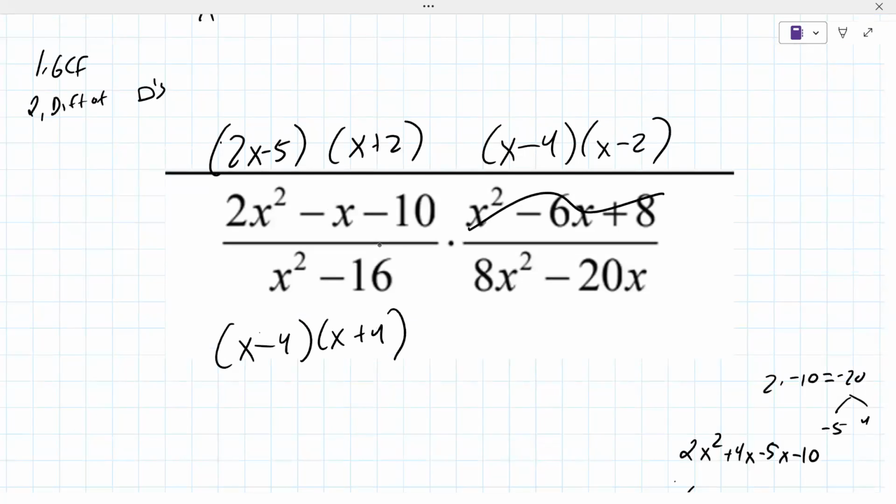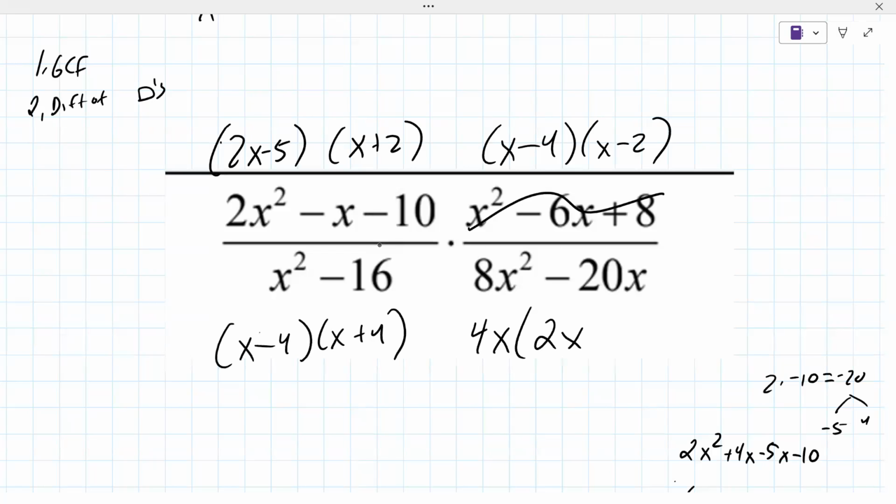And then lower right, that would become, let's see, you took out the 4x, and then it becomes 2x minus 5.